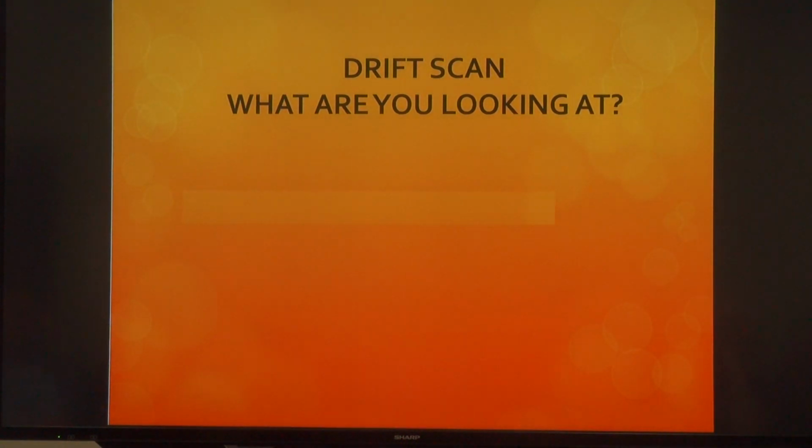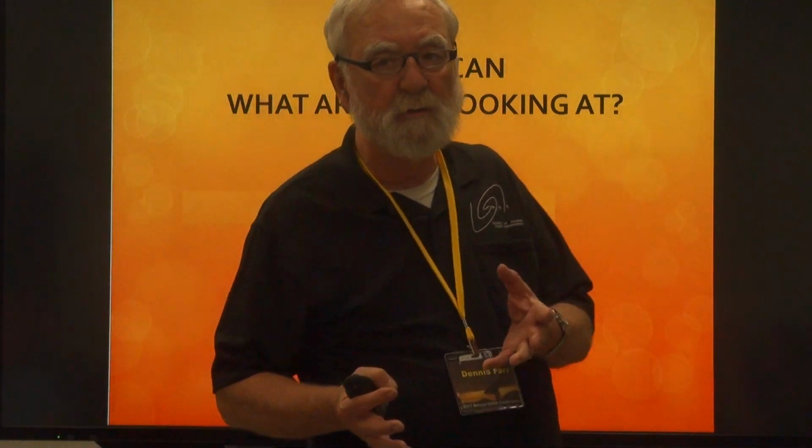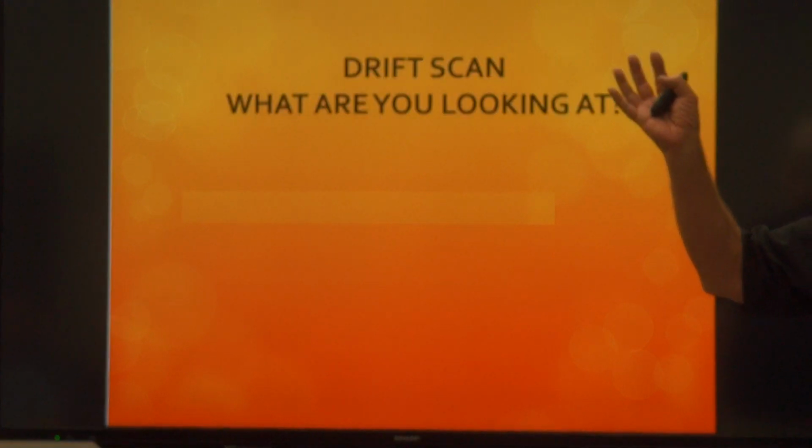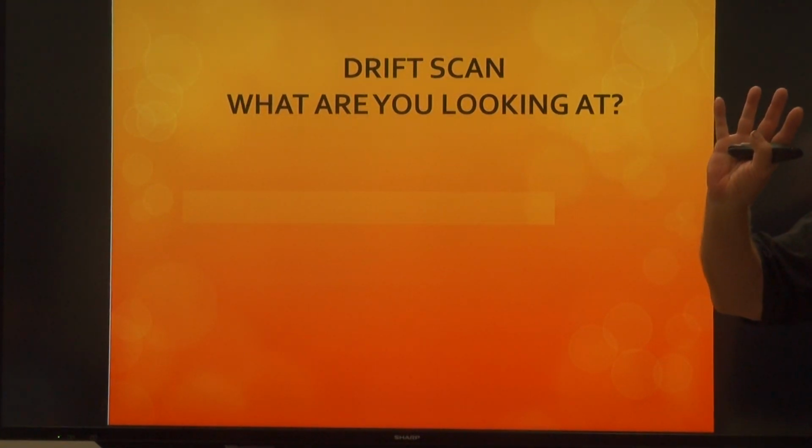Okay, drift scan, what are we looking at? Can you bring up your program? But the dish, unless you really have a lot of money, you want a German equatorial mount big enough to move about a 40-pound, 100-pound dish.